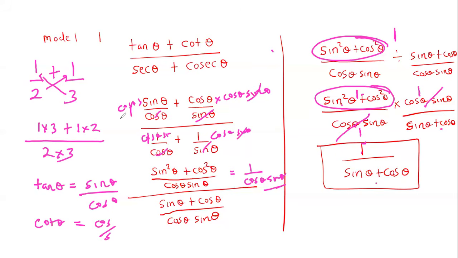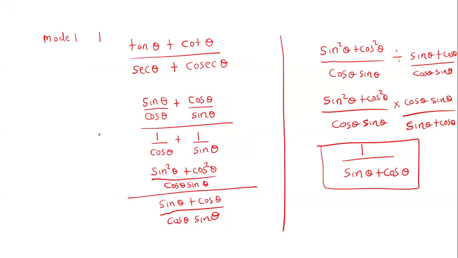They go, then remain with the 1, then deal with the denominator alone. If we cancel out the sine theta and the sine theta, that's a 1, cos theta and cos theta, that's a 1, which is the same as the numerator of what we are equating to.